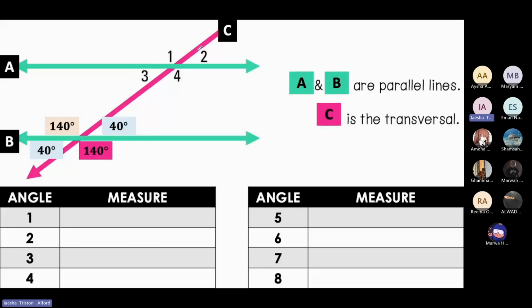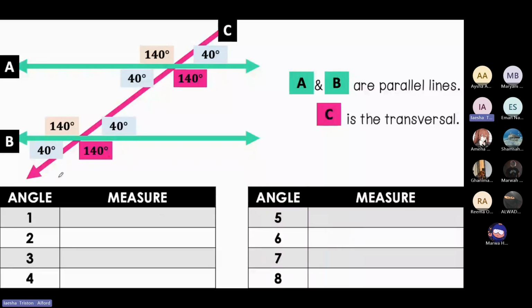This x is copy paste of this x. Angle 8 is in the same place as what angle in this square? 4 and 4. 1. So that one's 140. What else should be 140? Angle 1. What should be the measure of angle 2? 40. What should be the measure of angle 3? 40. Done. It's copy paste.